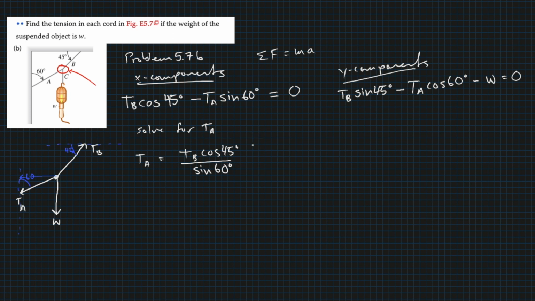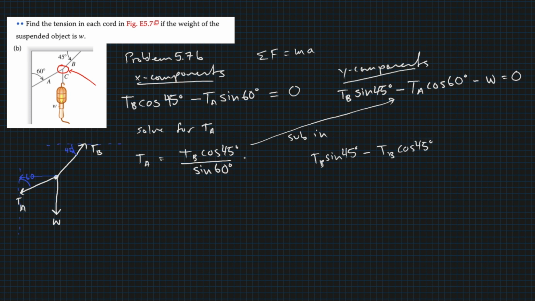And then next step, just like before, we're going to substitute that in to our equation for the y components. And I'm just going to rewrite out that equation after I do that substitution. So I've got TB sine of 45 still, that's still there, minus, now I've got tension B times cosine of 45.